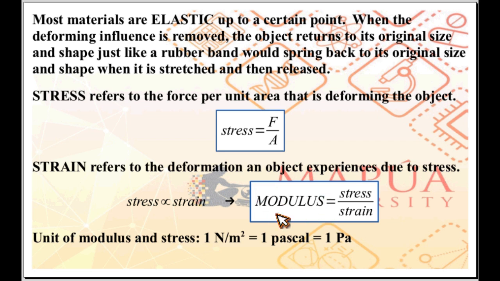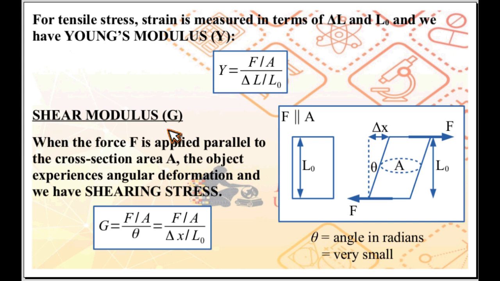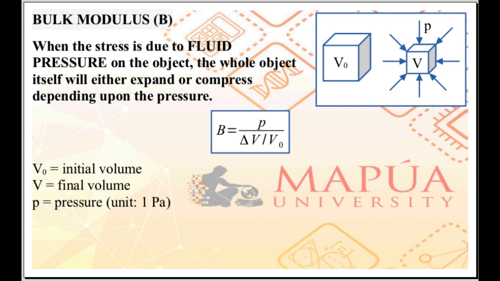Modulus is a property of the material. Since we have three moduli of elasticity to speak of, we have Young's modulus, shear modulus, and bulk modulus. Each material has its own value of the three moduli of elasticity.